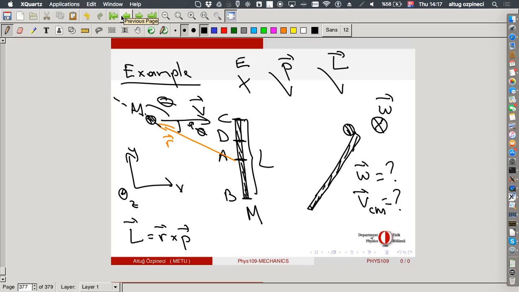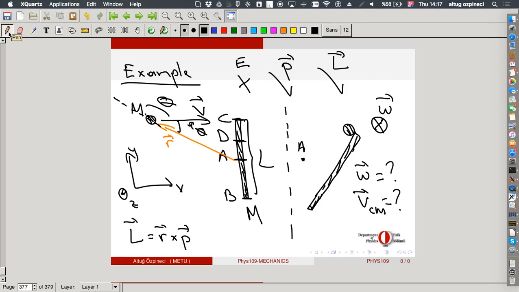So as my object is rolling now, my point A is still somewhere over here. That didn't change, that is something to keep in mind. So after the collision, this is still my point A. It didn't start moving with the rod, it is fixed.